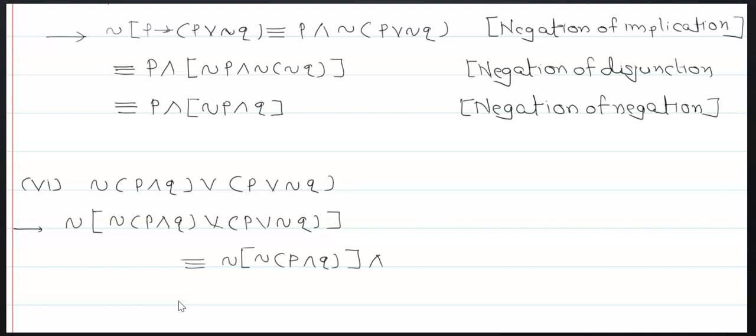This is equivalent to negation of negation, and this or becomes and. Negation of disjunction.